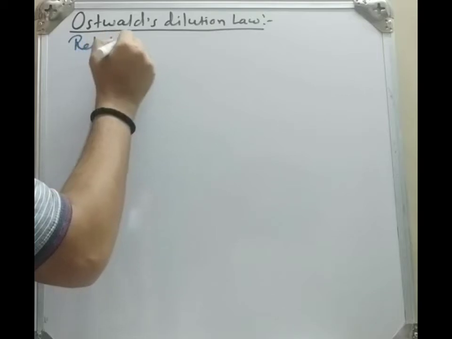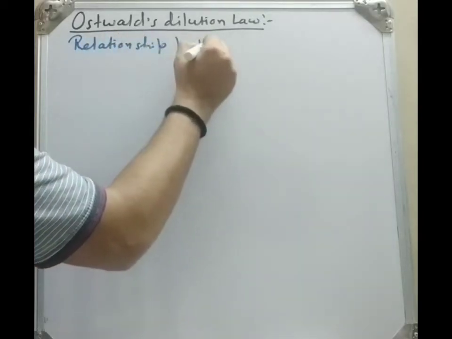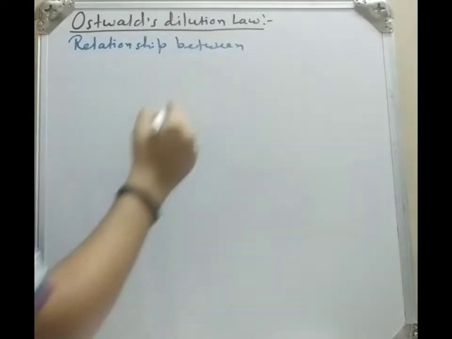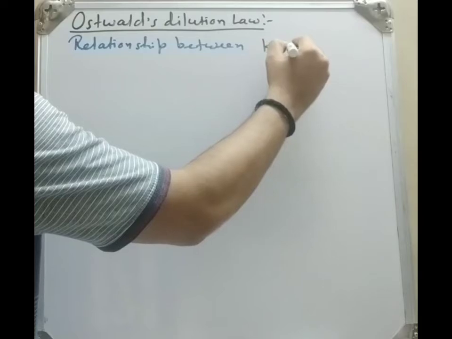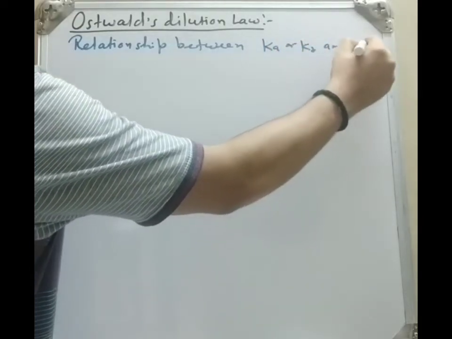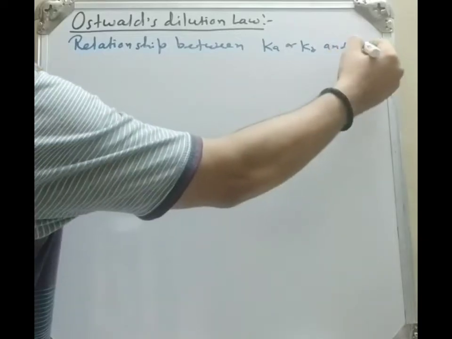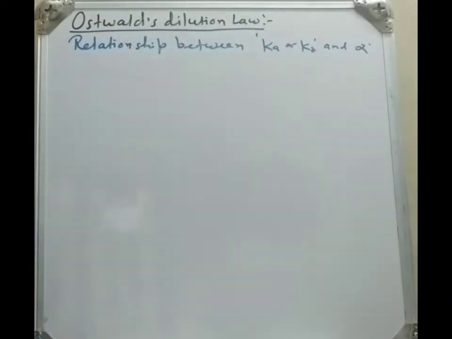So we can write here the relationship between the dissociation constant for weak acid and weak base, like Ka and Kb, and the degree of dissociation, which means alpha.